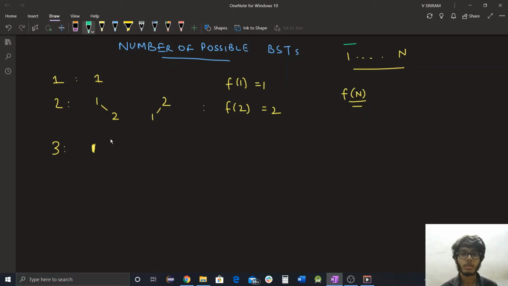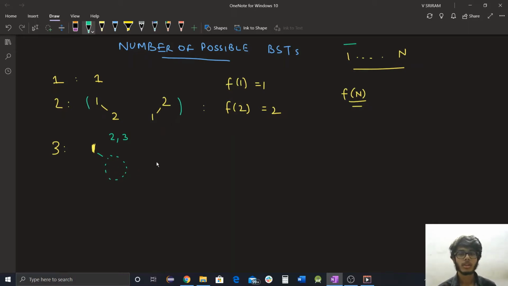So we need to accommodate two numbers, 2 and 3, to the right of 1. And so we need to basically generate a subtree on the right side of 1 with two numbers. And we already saw that there are two ways to do so.